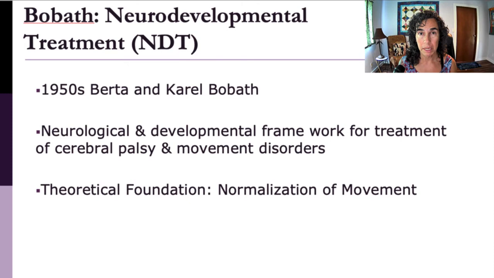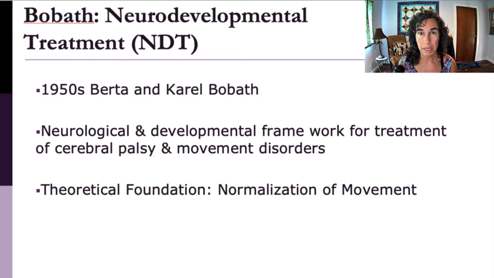All right, next up, neurodevelopmental treatment. It was developed in the 1950s by Berta and Carol Bobath, a physical therapist and dancer. It's a neurological and developmental framework for treating CP and other movement disorders. It's really known to go with CP.